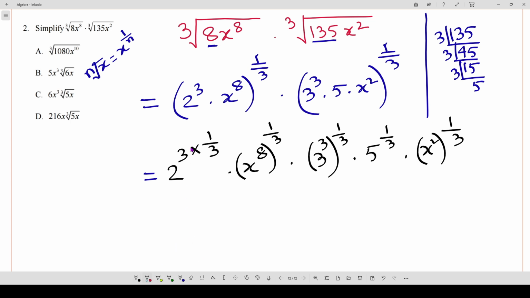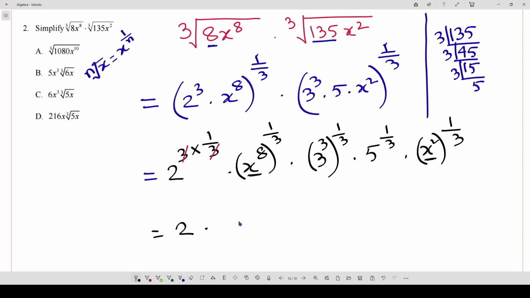Now 3 divided by 3, so here is only 2. Look, here is x to the power 8 and here is x squared, and both have power 1 by 3.